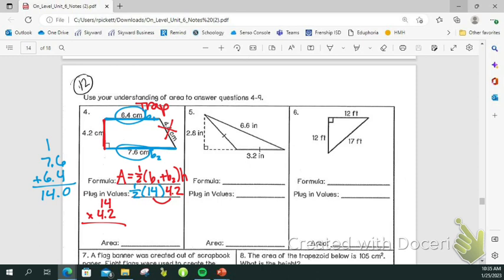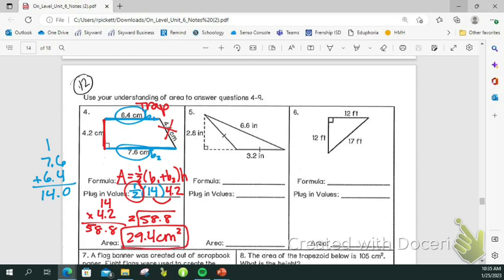Remember, you don't have to line up your decimals whenever you are multiplying. And that will give us 58.8. And then we're going to half it, which means to divide by 2. And 58.8 divided by 2 gives us 29.4 centimeters squared. And that was our trapezoid.